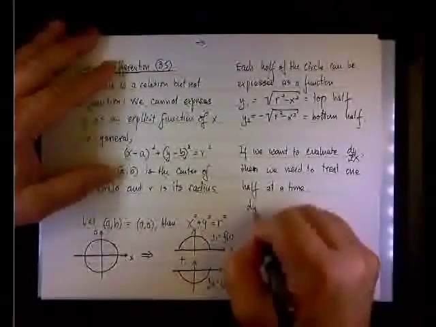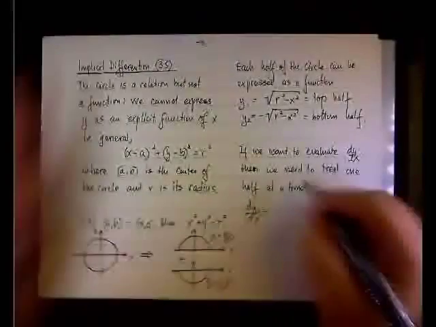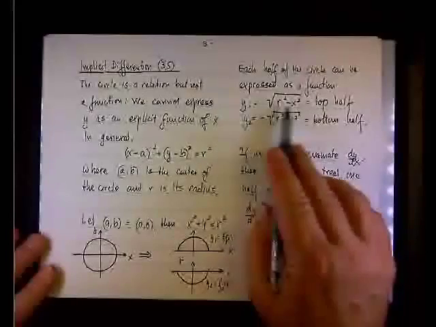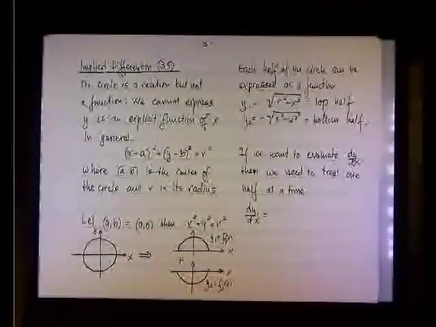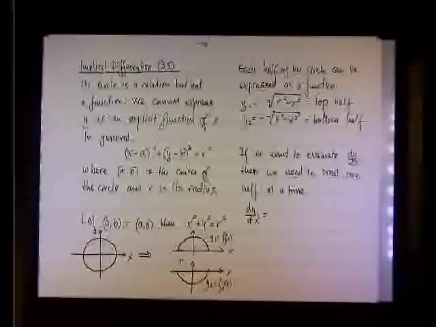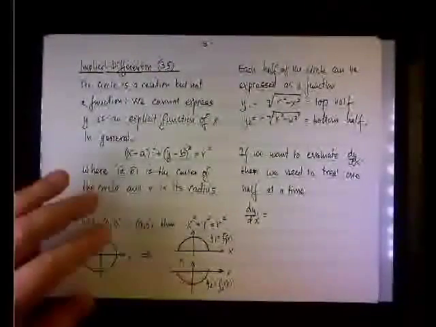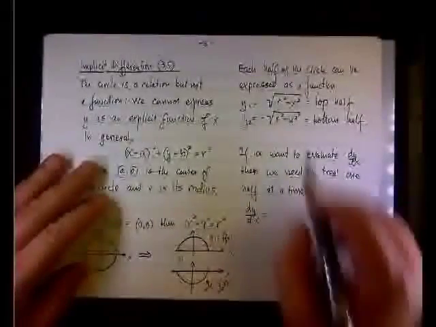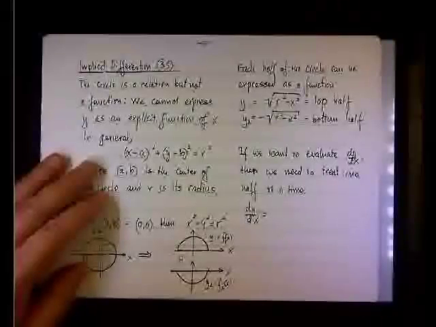Okay, so dy1/dx will be, we take the derivative and you do a little chain rule. r squared minus x squared, let's say equals u, so du/dx equals negative 2x, right. Then you take the derivative of the square root of u, which is one half over the square root of u, so you end up having 1 over 2 times the square root of r squared minus x squared, and then times negative 2x, the derivative of the inside.